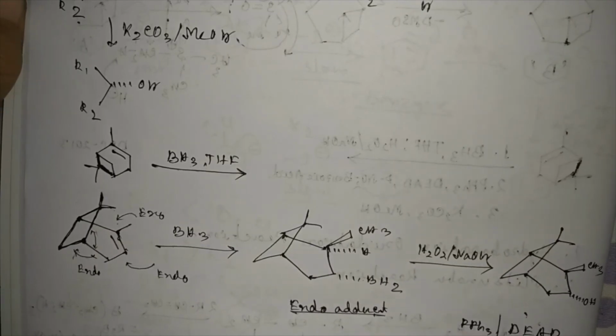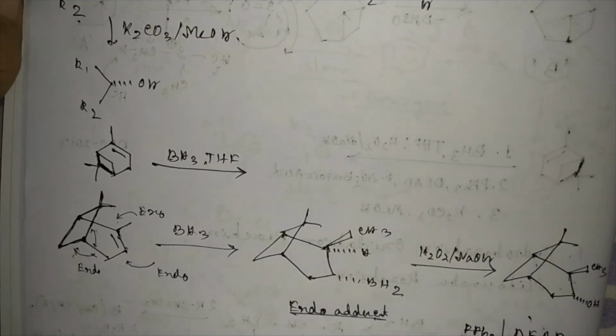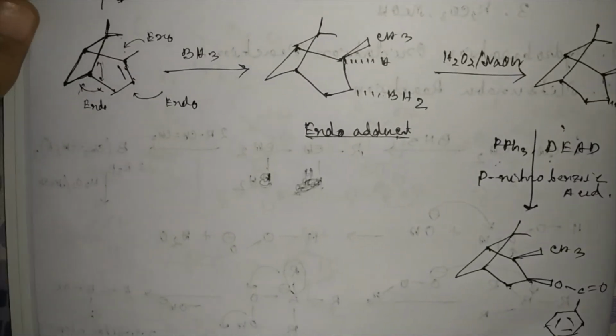CH3 will be above, and the O group will come above the plane. So O, C double bond O, here the para-nitrobenzoic acid. The ester of para-nitrobenzoic acid will be formed.